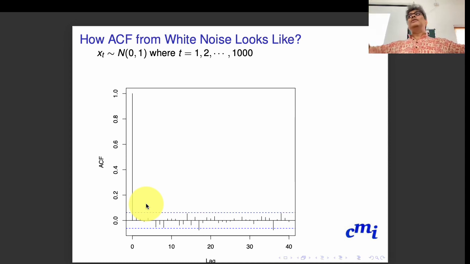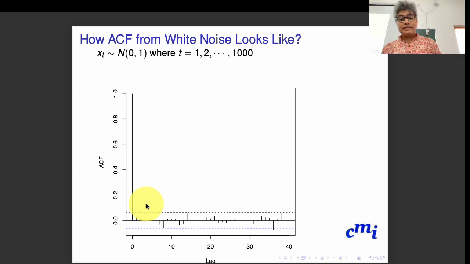Not confidence interval, rather say critical bound, because I am doing a sort of a test here: rho h is 0 versus rho h is not 0. For a particular h, if that value is crossing the critical value on either side, we reject the null, otherwise we don't reject the null.